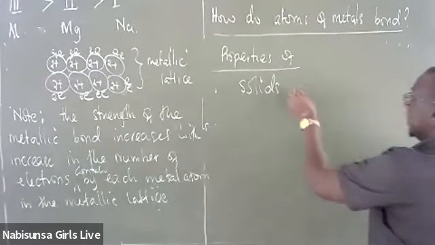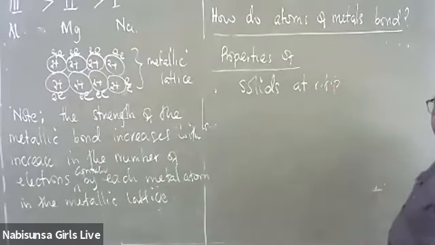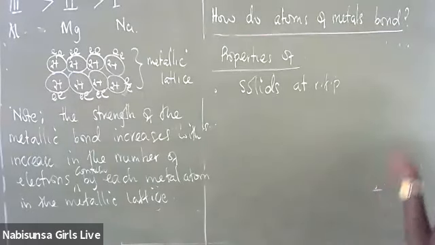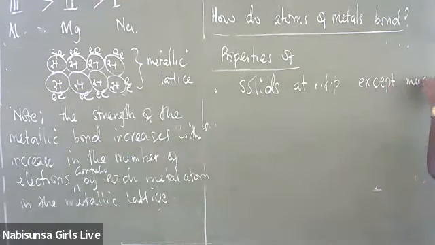They are always solids at room temperature and pressure. But there is only one metal that is a liquid. Which one? Mercury. Mercury is the only metal that is in liquid form. All the other metals are going to be found like that.